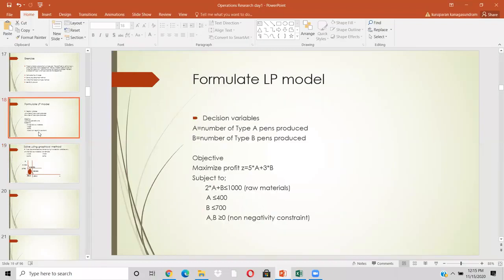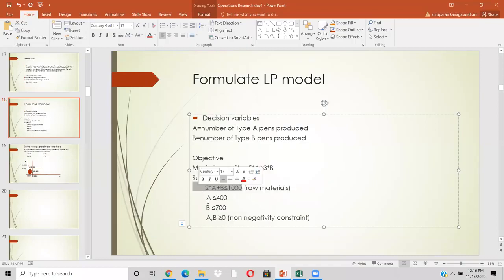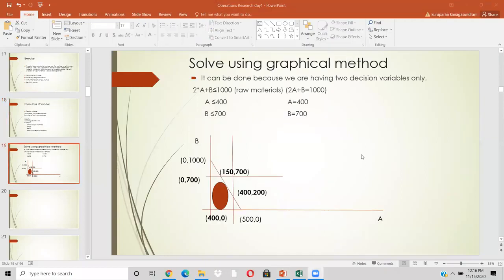Did we draw all the constraints or is there anything remaining? I have drawn this one. A also fine, B also fine. What about this one? A comma B greater than or equal to 0. Did I draw it or not? Drawn.